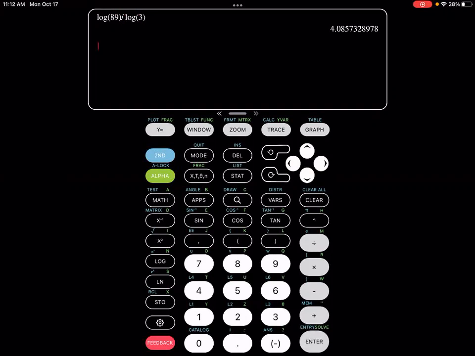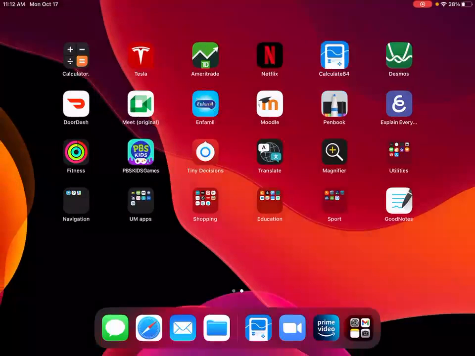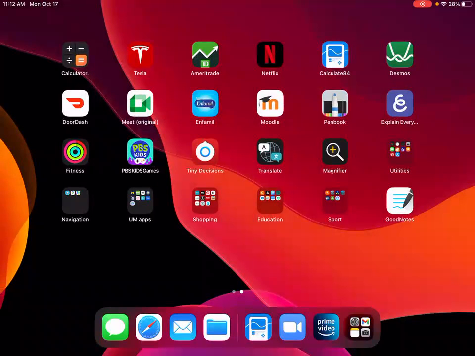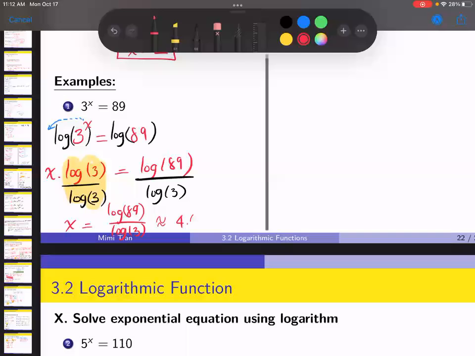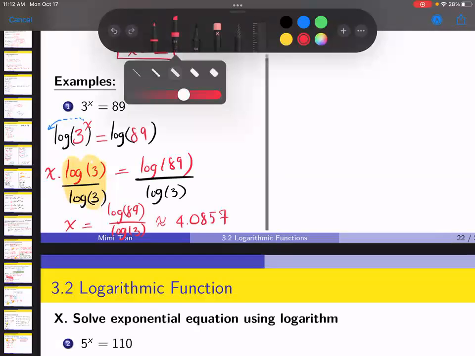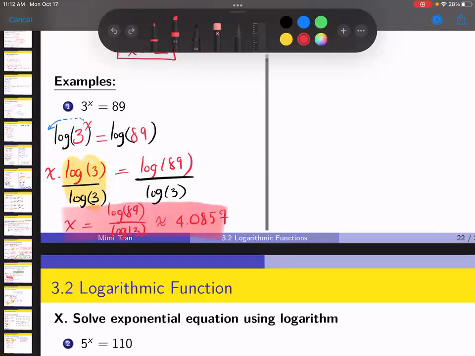That's 4.0857. This will be your exact answer, and this will be the numerical approximation.